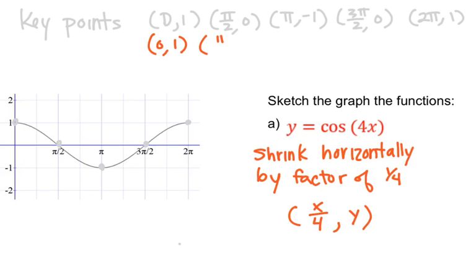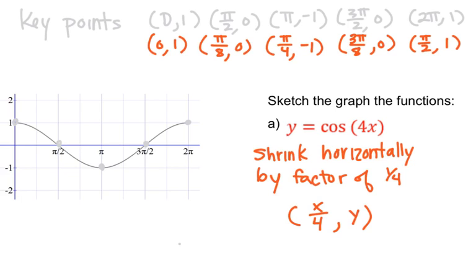Pi over 2 divided by 4 becomes pi over 8. Pi divided by 4 becomes pi over 4. 3 pi over 2 divided by 4 is 3 pi over 8. And 2 pi divided by 4 is pi over 2.